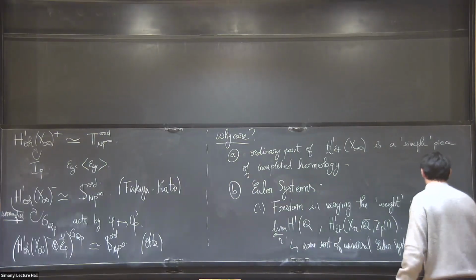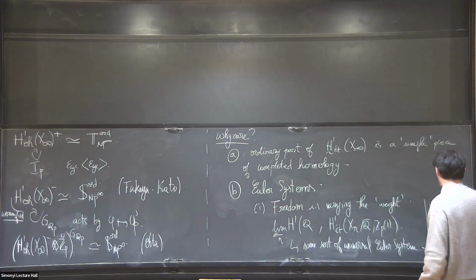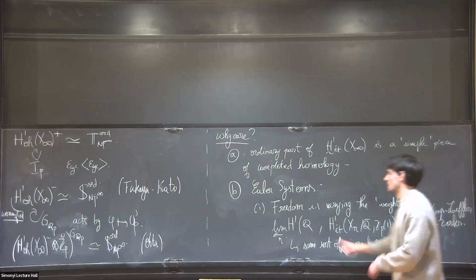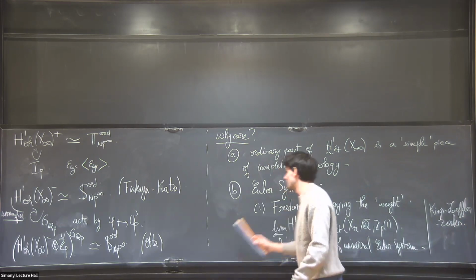This is the point of view, for example, that is taken in Kings-Loeffler-Zerbes in the case of their norm system for a Rankin-Selberg convolution of two modular forms.